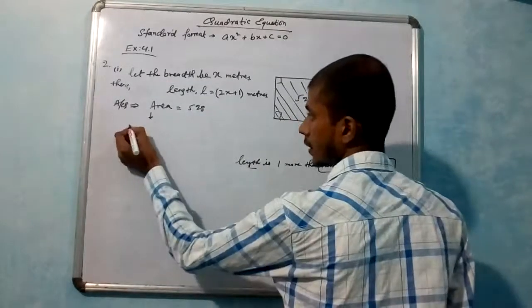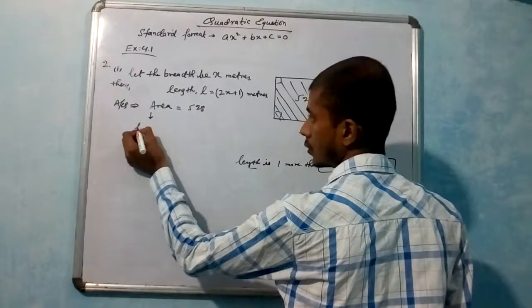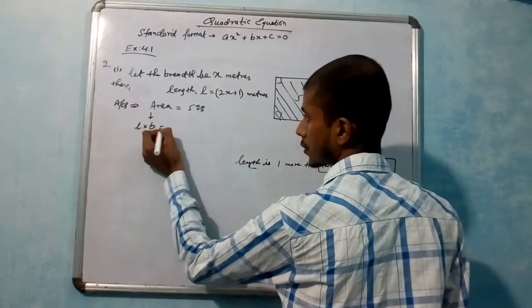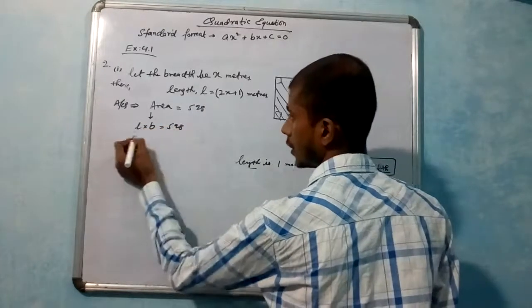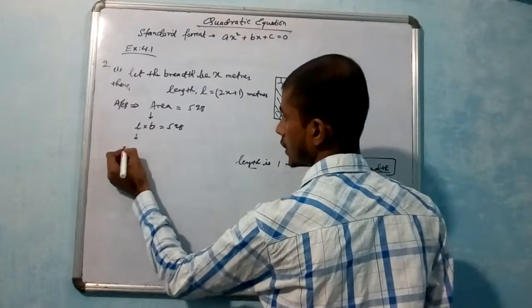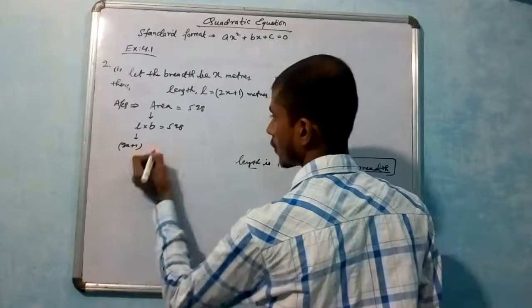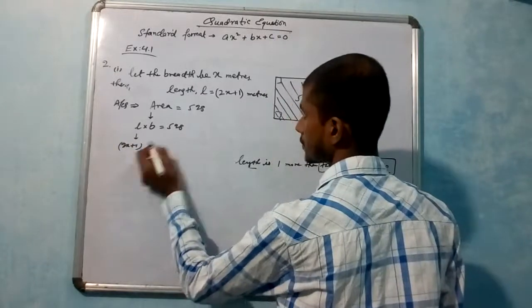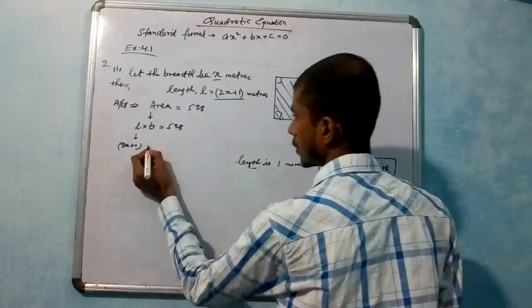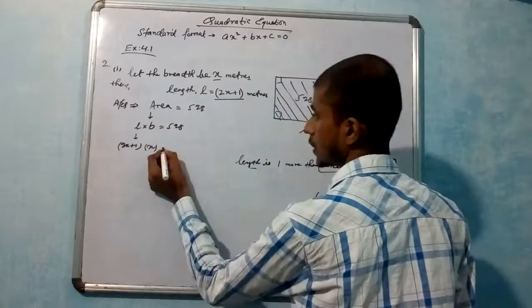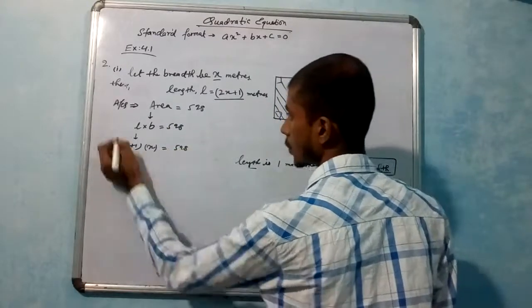Length into breadth is equal to 528. According to our assumption, length is 2x plus 1 and breadth is x. So (2x plus 1) multiplied by x is equal to 528.